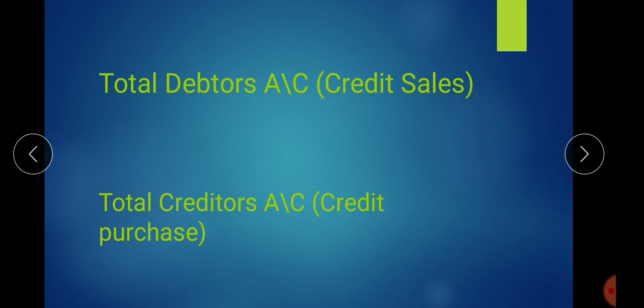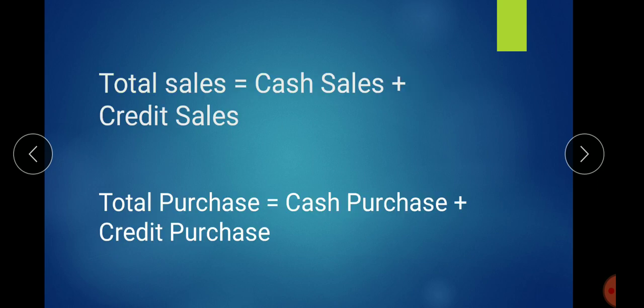What are the formulas of total sales and total purchases? Total sales equal to cash sales plus credit sales. Total purchases equal to cash purchases plus credit purchases.